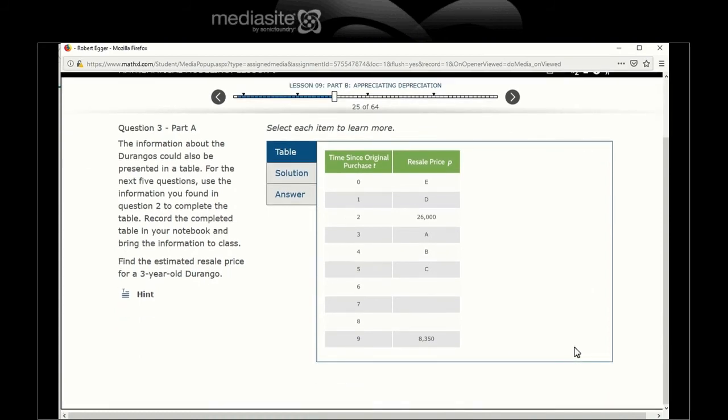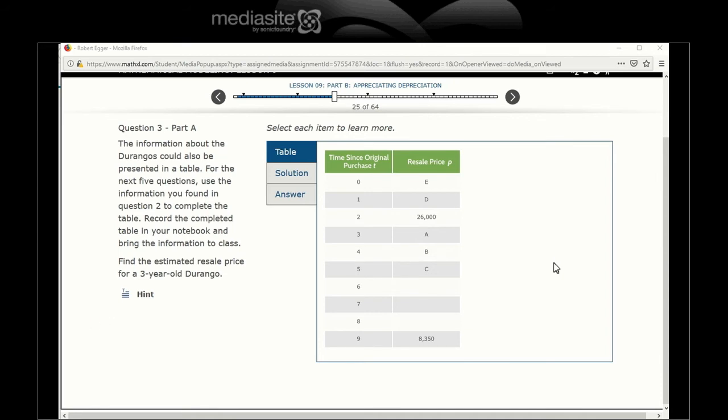Okay, the information about Duran could also be presented in a table for the next 5 questions. Use the information you found in question 2 to complete the table. All right. So in question 2, the previous one, well, actually, hang on a second.